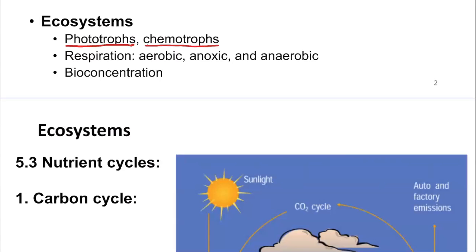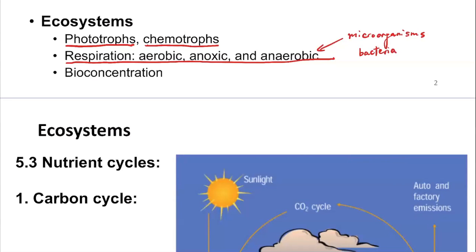In terms of the type of respiration, there are aerobic respiration, anoxic respiration, anaerobic respiration. Normally we discuss the respiration for microorganisms, right? Or sometimes we specifically mention their respiration type for bacteria.